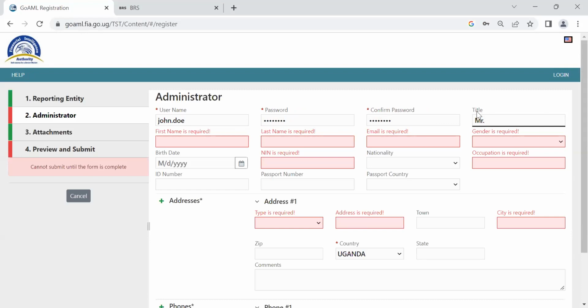Title is Mr., Mrs., Doctor, Professor, not really required, but you can include it there. Kindly go slow because we are trying to create passwords here that we shall not forget. Let me pause there as you go. Let me give you 4 minutes to create the usernames and note them down.